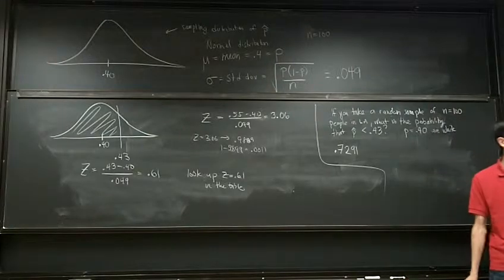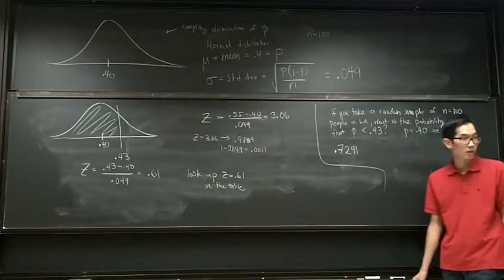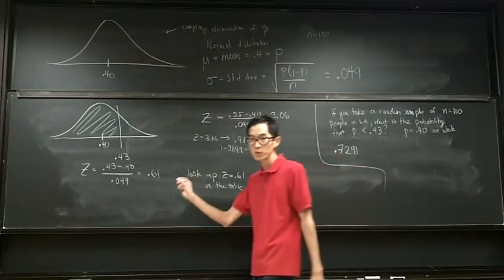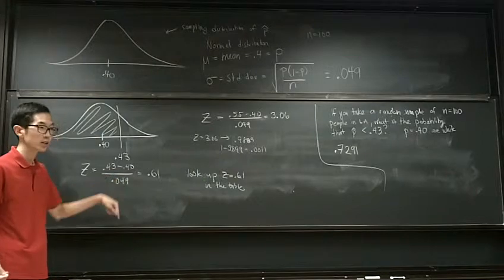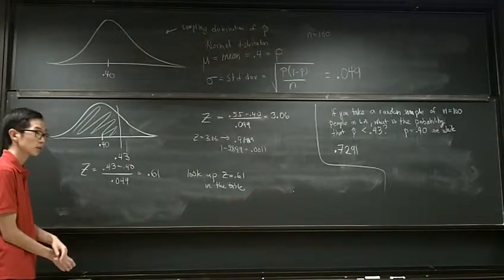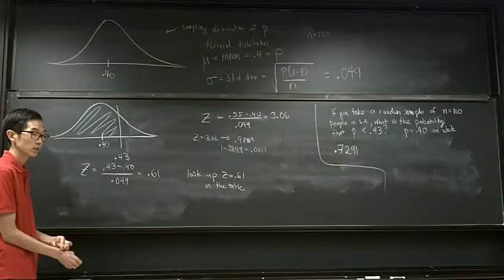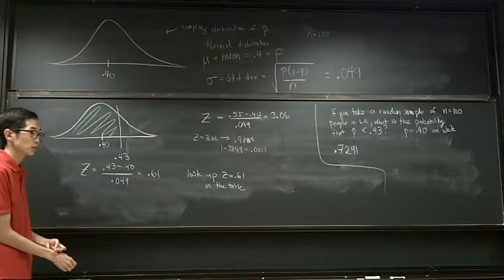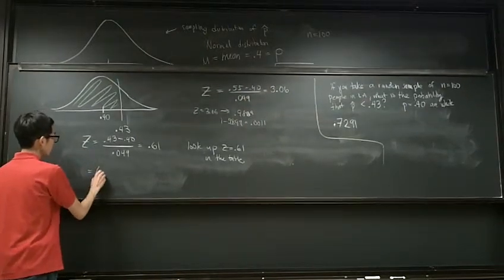Make sure you're doing the order of operations correctly. So you do 0.43 minus 0.40 on the top, entirely divided by 0.049. When I did it all at once, it didn't work. If you can do it all at once, but you've got to do this.